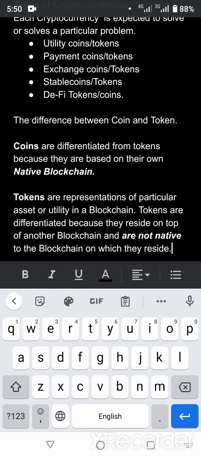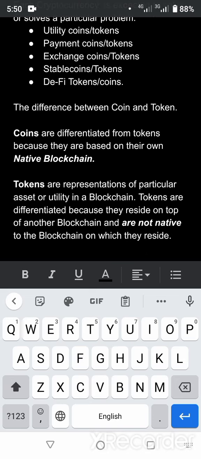You understand? Many of the modern tokens now, of the major types of tokens, they are based on various other blockchains. Most tokens are based on the Ethereum blockchain. Majority of the tokens are based on the Ethereum blockchain, while others were forked from Bitcoin blockchain.